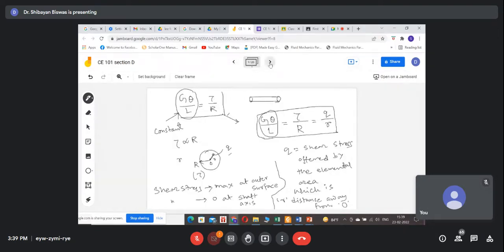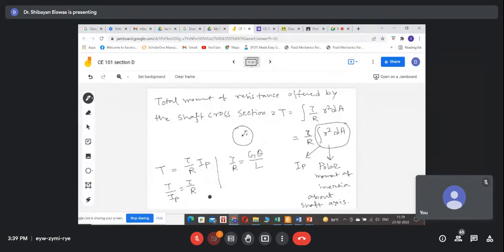So we can write tau by R equals G theta by L equals T by IP.